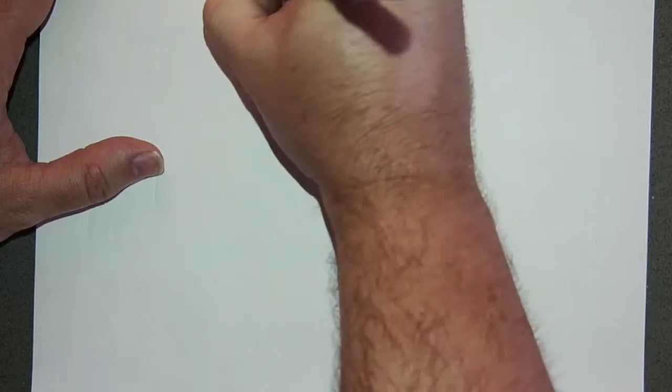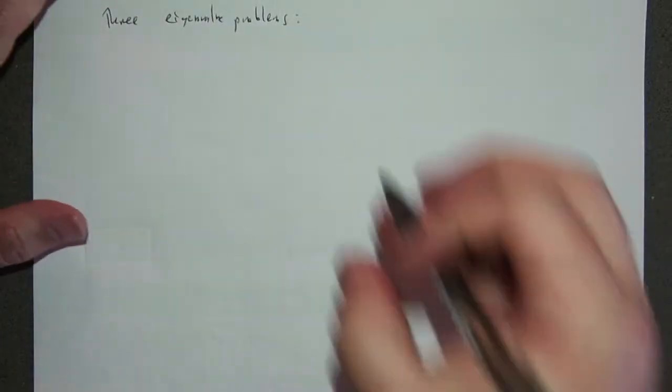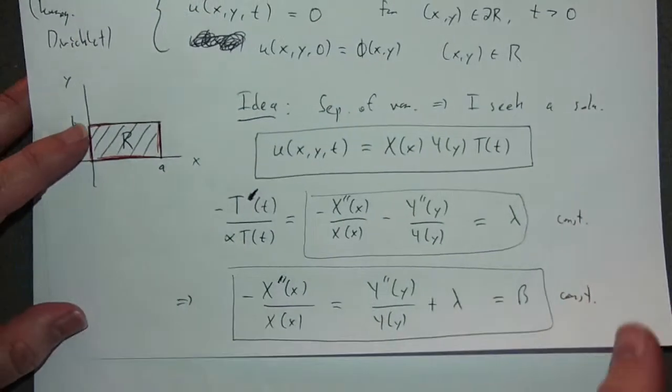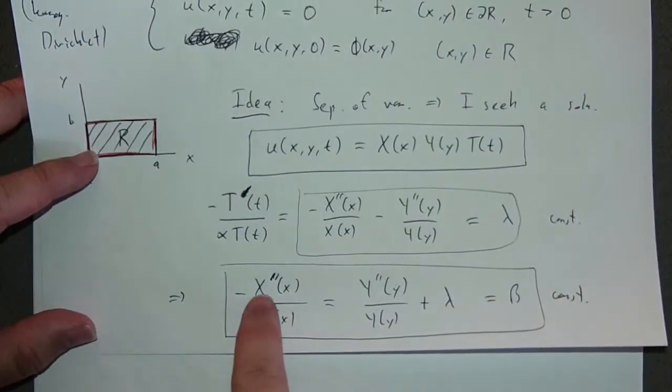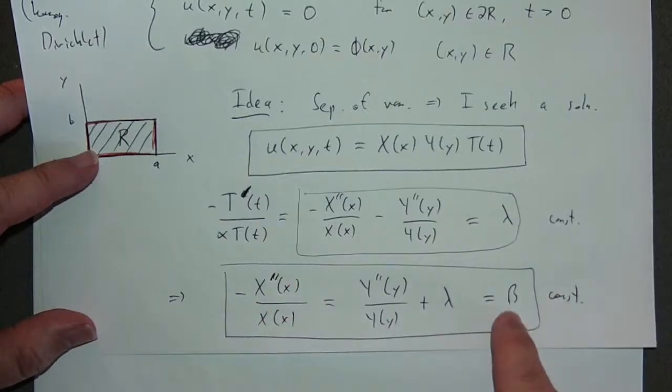What are my eigenvalue problems? So first, I have minus X double prime over X is equal to beta.